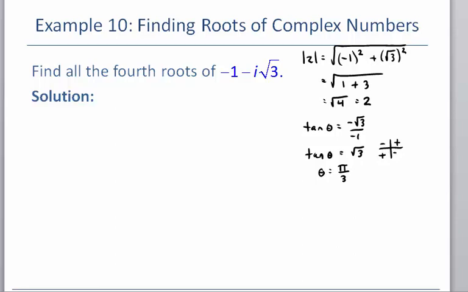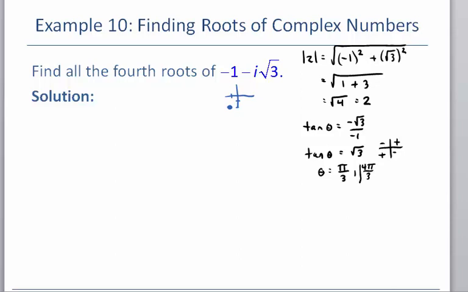If I come back to my original complex number and plot it, we're going to go over -1, and then we're going to go down negative square root of 3. And so our point's going to lie actually in the third quadrant. And so we need to move that pi over 3 to the third quadrant. We know that the corresponding angle in the third quadrant would be 4 pi over 3.